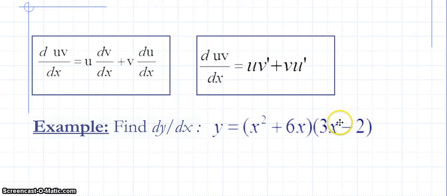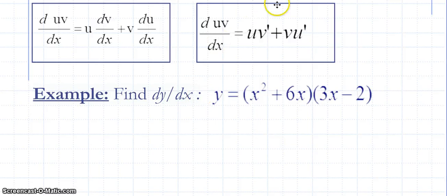So if I apply that to the same function that we just took the derivative of, I can think of this as my u and this as my v.